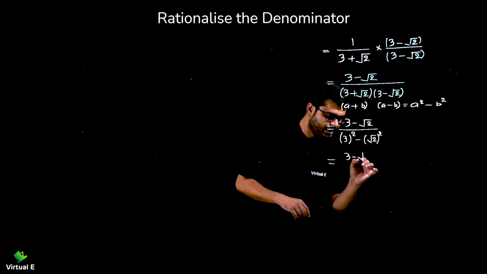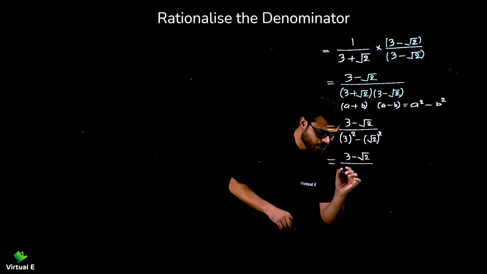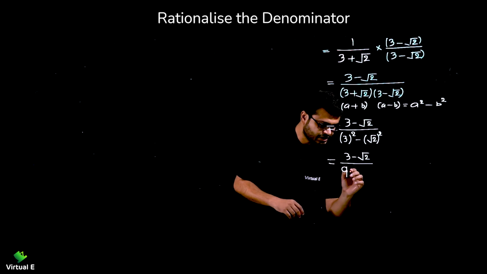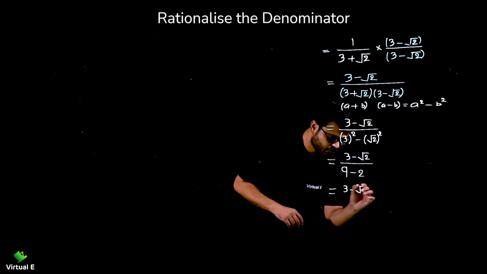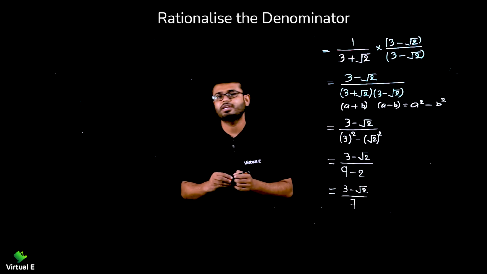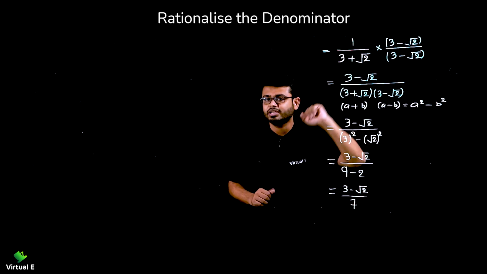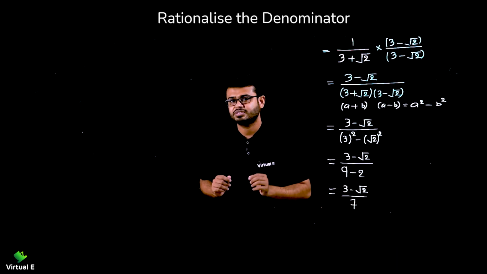So 3 minus root 2 over here, square of 3, that is what? 9 here, and square of root 2, that is what? 2 only. So we have 3 minus square root of 2 over 7. Now see what we did over here, rationalizing, right? So initially we had this square root in the denominator, but right now we are not having it. So we are done with the sum, right?